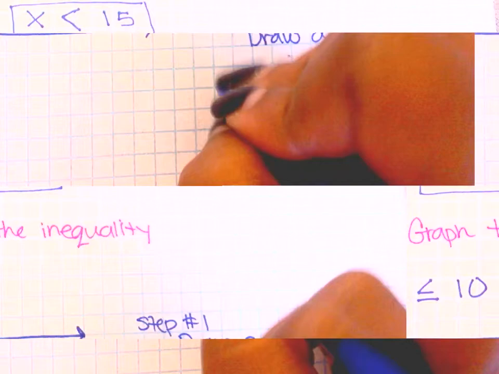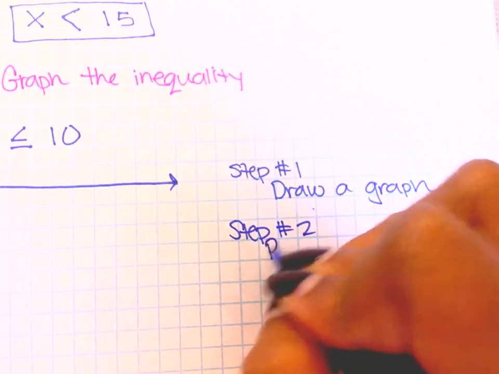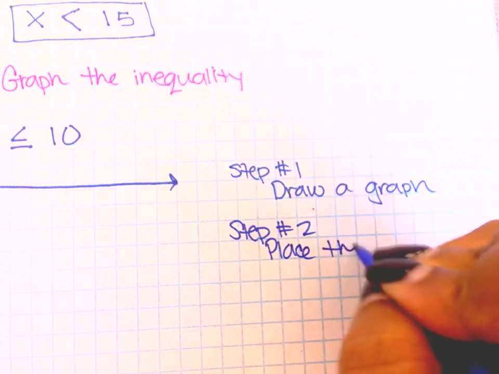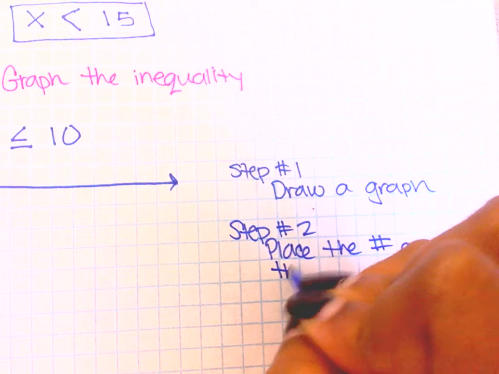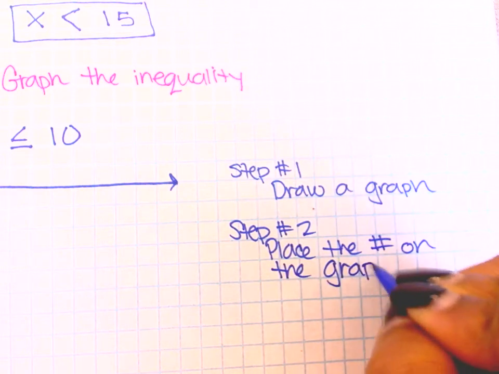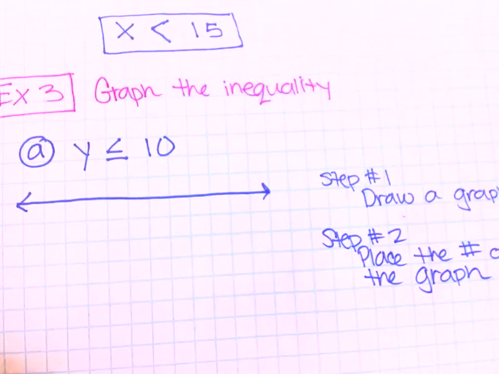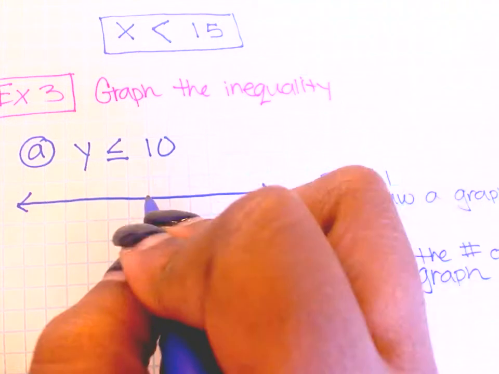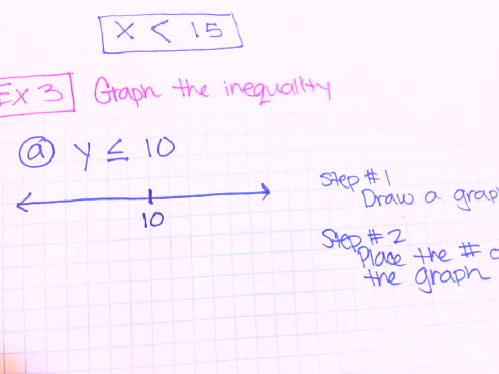Step number 2, we need to place the number, whatever number they give us in the problem, on the graph. So I'm going to go to the graph. Doesn't matter where you pick it. I'm going to go right here. I'm going to put the number 10 because that's the number they gave us in the problem. Place the number on the graph.